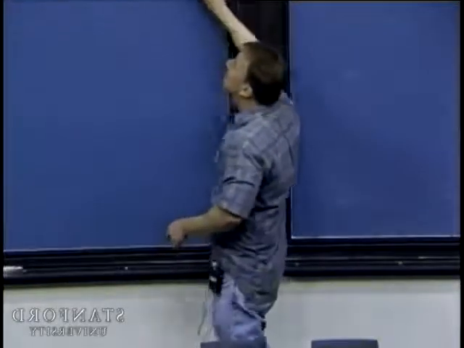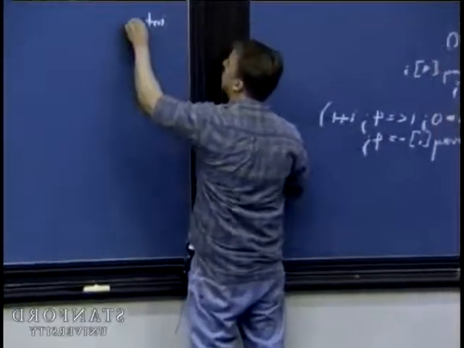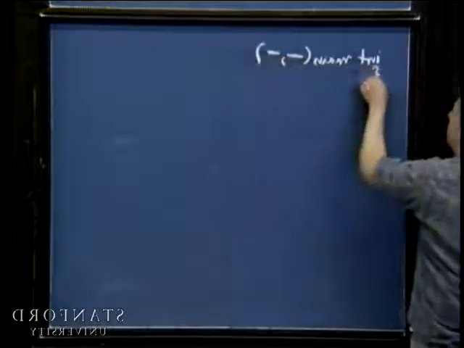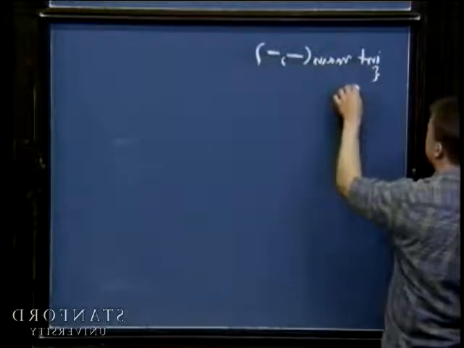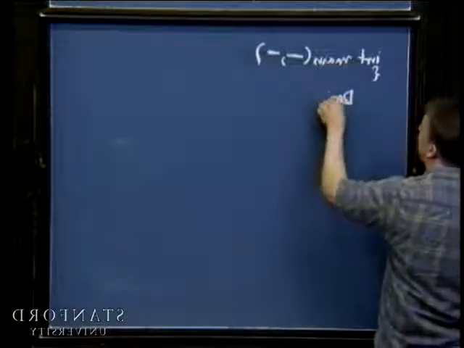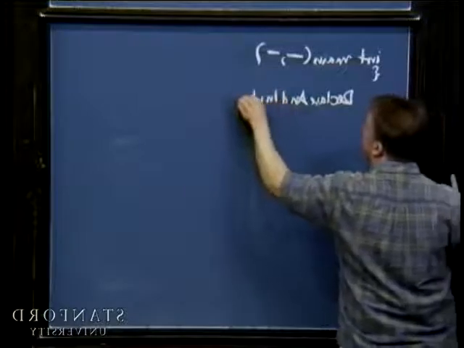There's no infinite recursion in this one. I want to write a simple main program. Int main. I don't care about the parameters. I want to do, let's just say, declare and init array.